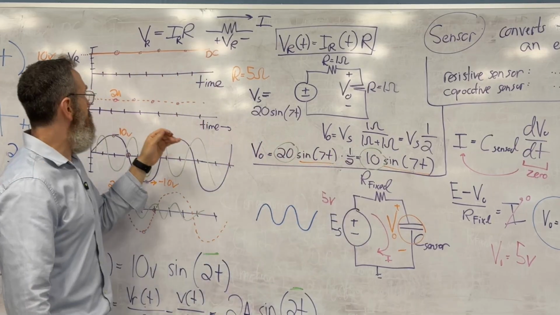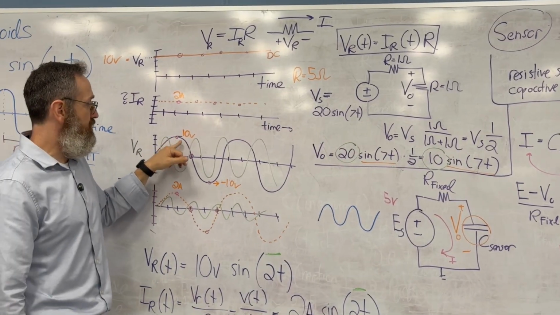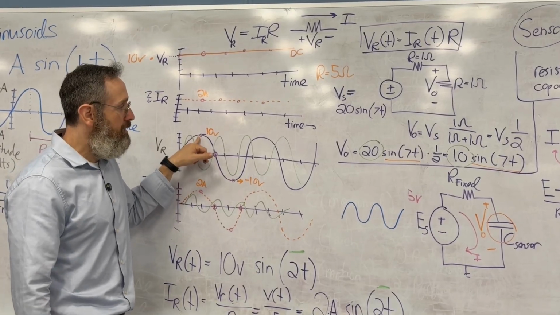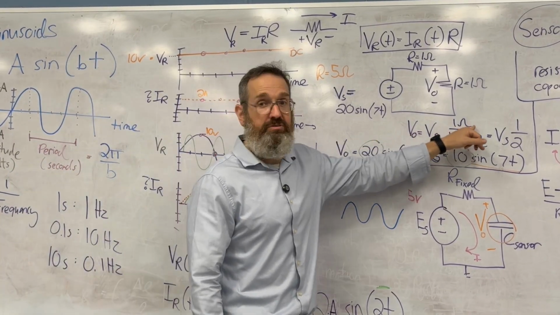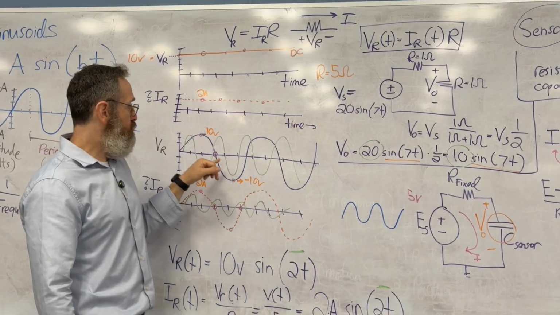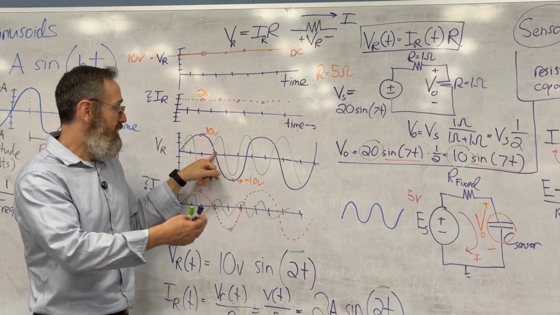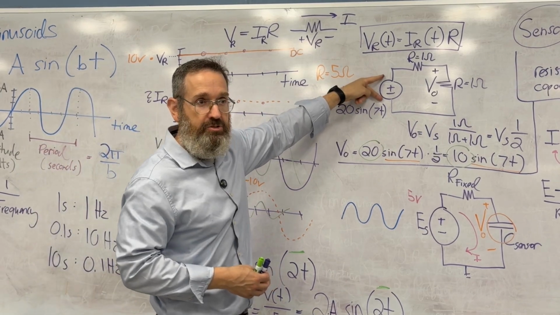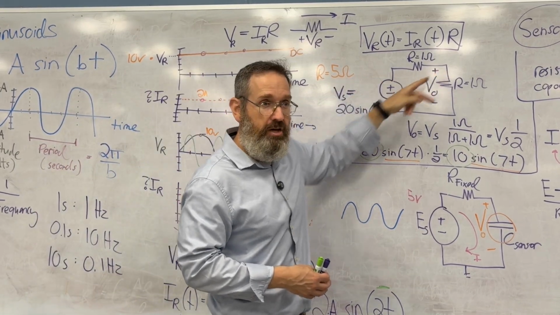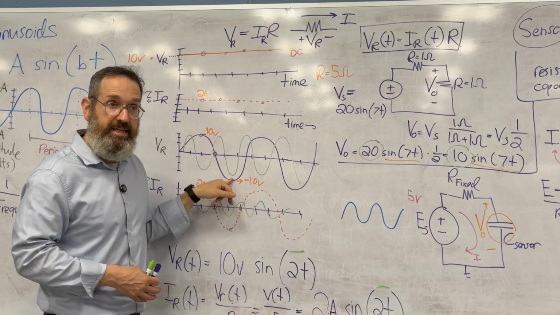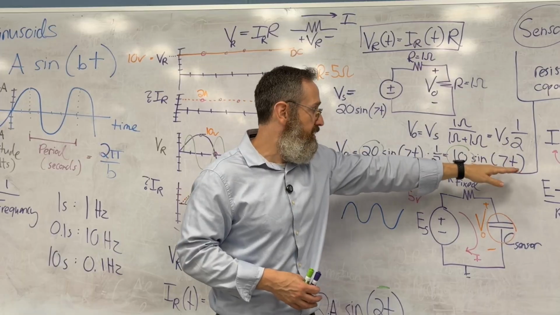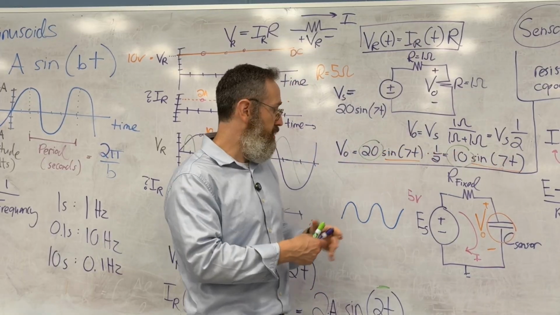I could have drawn out the voltage at every given point, and then said, right here, let's apply the voltage divider equation. When the voltage is zero, the voltage is zero, so that's zero. Here the voltage is negative, so the voltage is negative. You would have gotten the same thing.